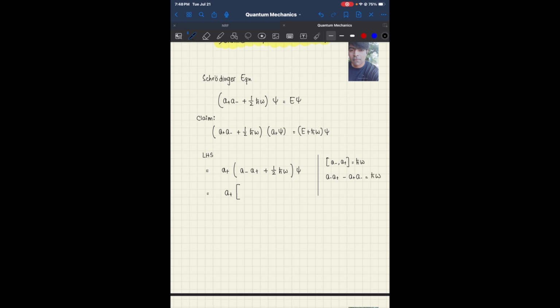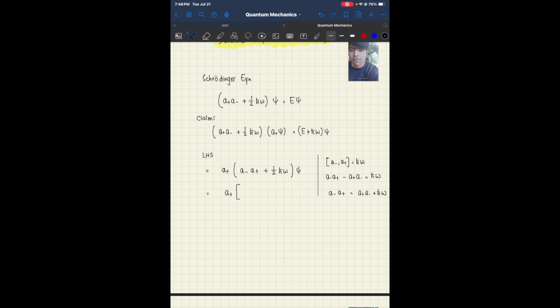This is the definition, which means a plus a minus is equal to a minus a plus minus h cross omega, right? I wanted the other way around. So from here, a minus a plus is a plus a minus plus h cross omega, right?